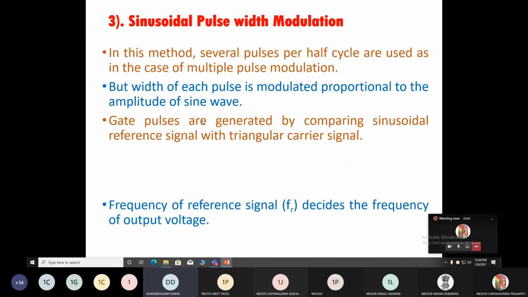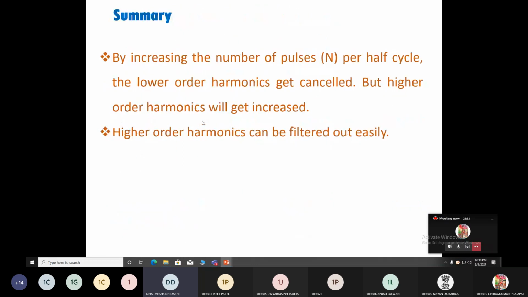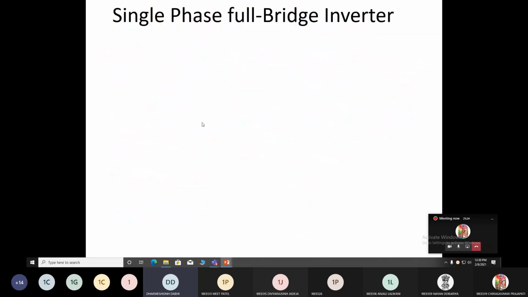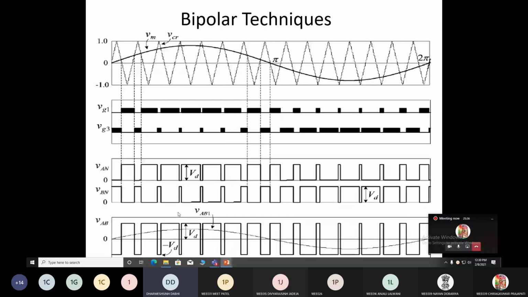In the bipolar technique, you get the negative voltage in the positive cycle also. Let's see the waveform again for the bipolar technique. Yes, here you get the positive as well as negative. But if you take the average of the positive and negative, that is positive in the first half cycle.